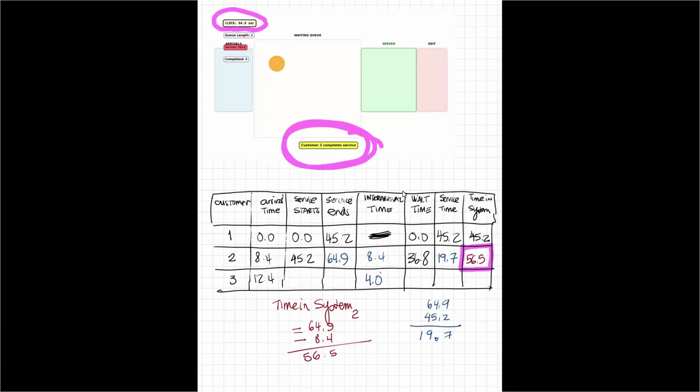All right. Next event: either customer number 4 comes in or customer number 3 finishes. Okay, so let's copy all this information onto the next page. 0, 45.2.